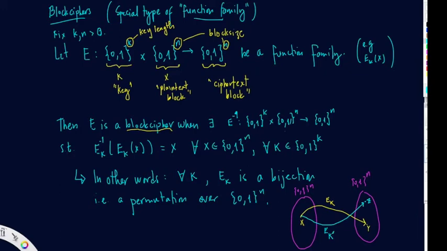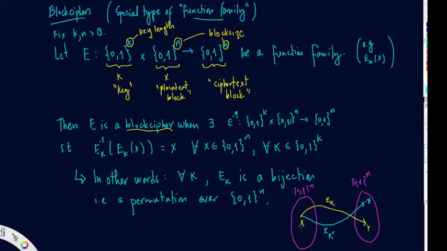So for every key K and key K prime, there is a mapping from every point X in this domain to a particular unique point over here, and for different keys these mappings don't need to be the same. This is why we think of this as a family of functions, because for each one of these keys we get some mapping from here over to here.